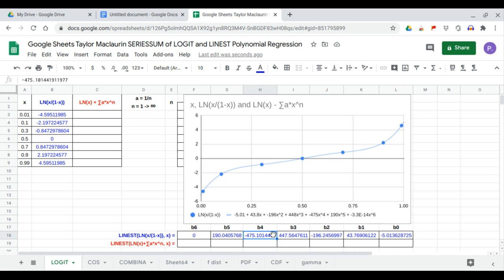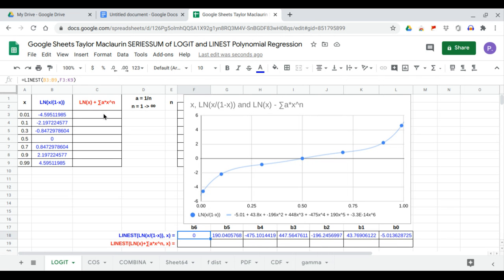And B4, negative 475. Our B5 is 190. And our B6 is, well, this is already rounded up as 0 because that's 3.3 times 10 to the minus 14.